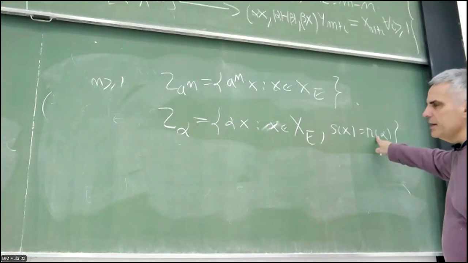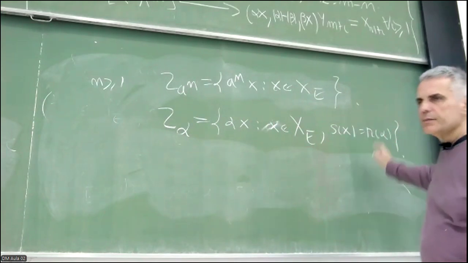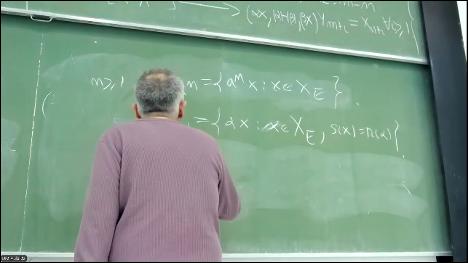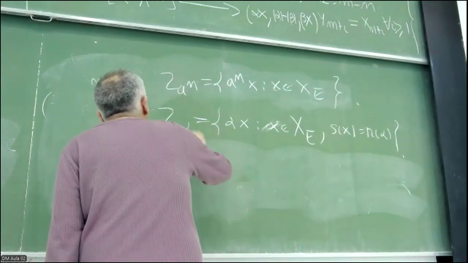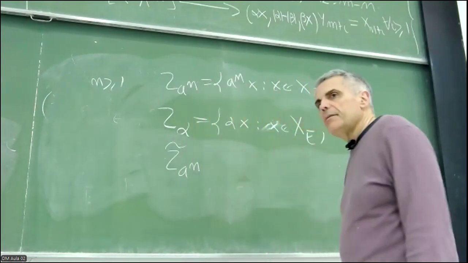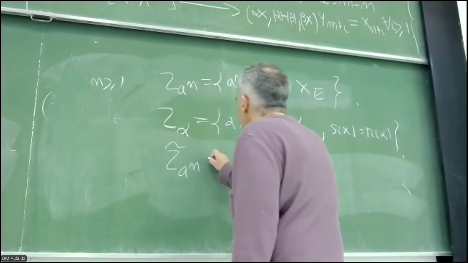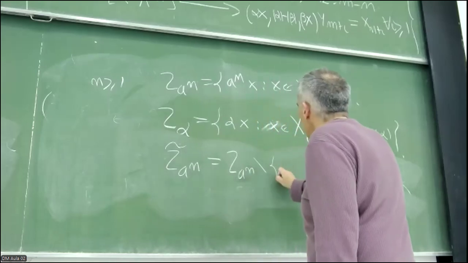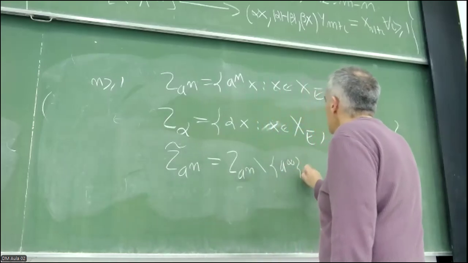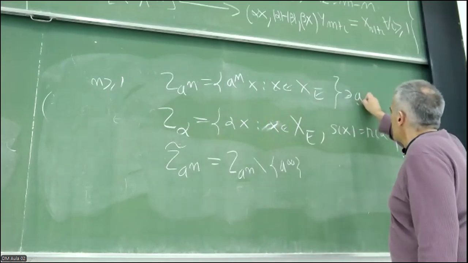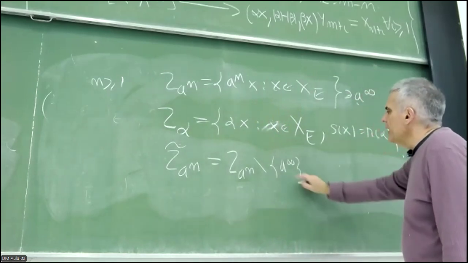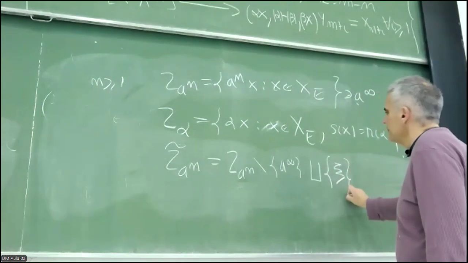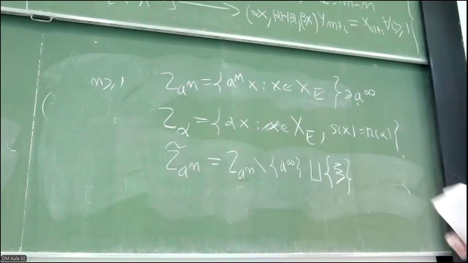This condition is not necessary since there is only one vertex. Then I will add Z tilde (A^n). This will be Z(A^n), from which I remove A infinity. So clearly A infinity is here, and instead of A infinity, I add psi. Okay?